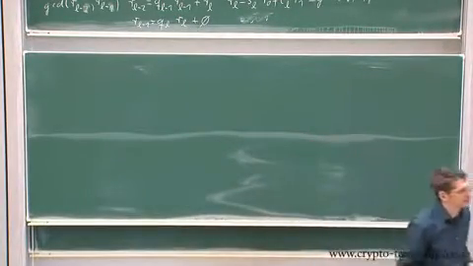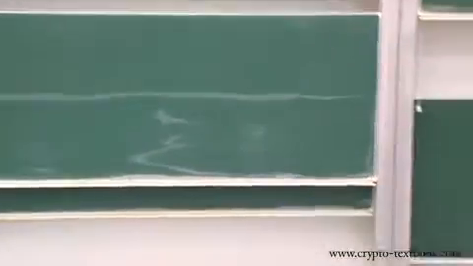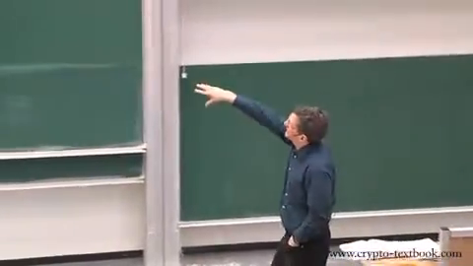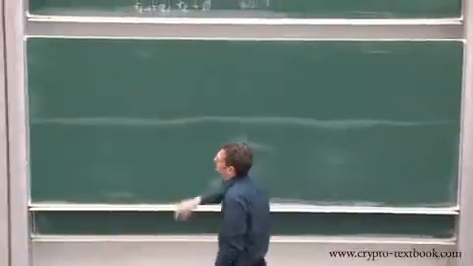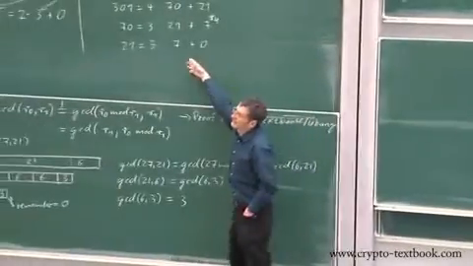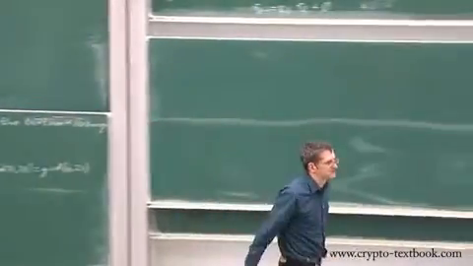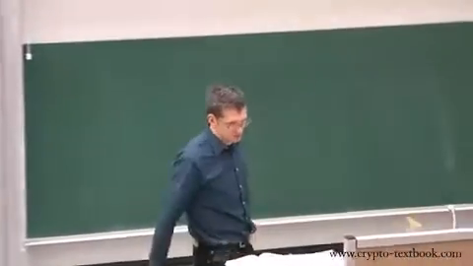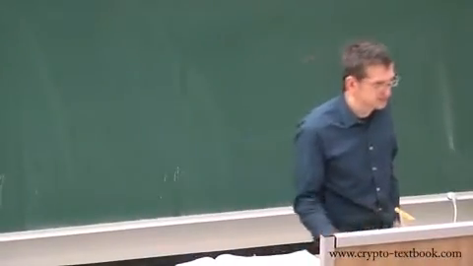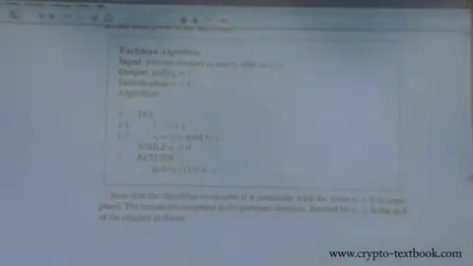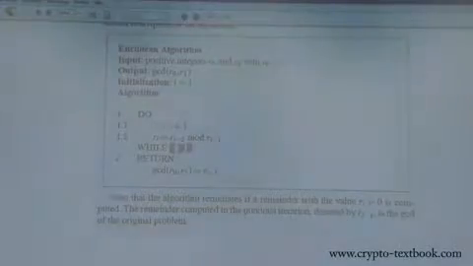Oh, by the way, I have to jump back. This is a bad teacher. Before I started the second chapter, Extended Euclidean Algorithm, we did this here. And what I wanted to show you, I'm sorry, is on page 162. This is the Euclidean algorithm pseudocode, which is pretty close to C coding. So you go in with R0 and R1. This is a loop that terminates with this condition here.